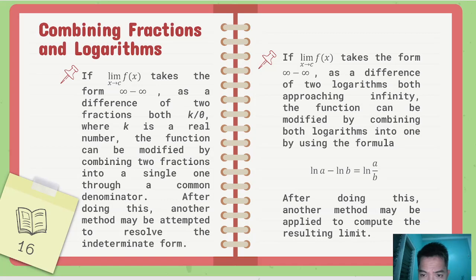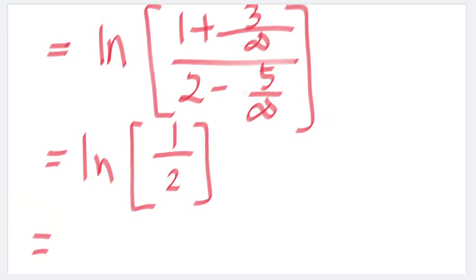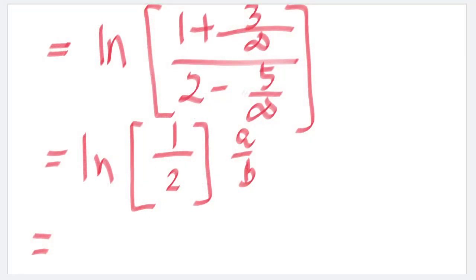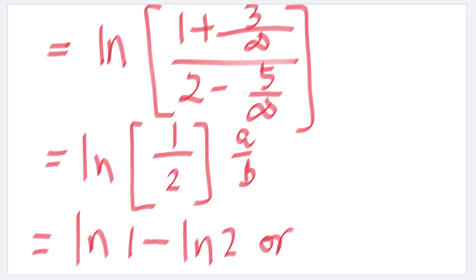If your a is 1 and b is 2, therefore you can rewrite your final answer to ln of 1 minus ln of 2, or ln of 1 is 0, so your final answer is negative ln of 2.